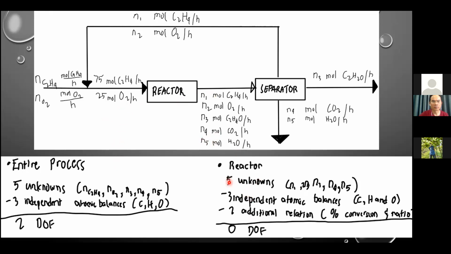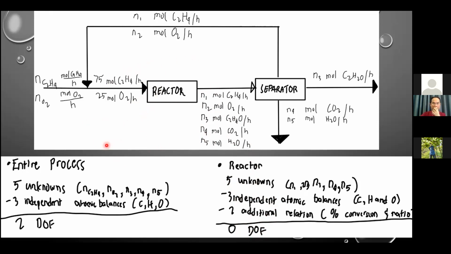So we subtract from the unknowns the independent atomic balances and additional relations, and then we get 0 degrees of freedom, which means that the system here is solvable.